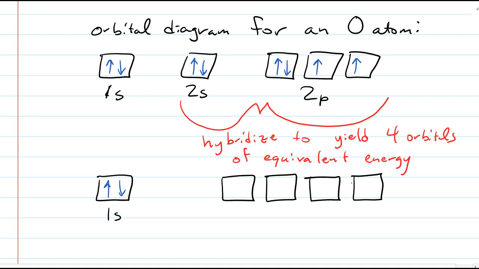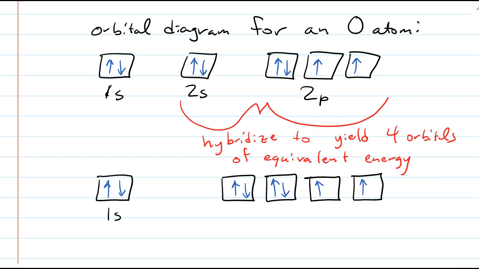And if they are of equivalent energy and we place the electrons in, they follow the same rules as before. We place 1 electron into each orbital before we begin doubling up. And so what we're left with is something like this.